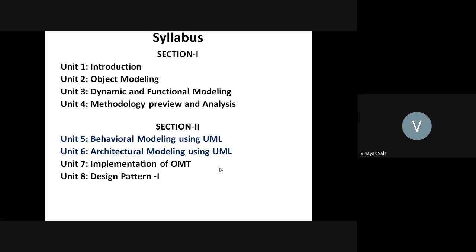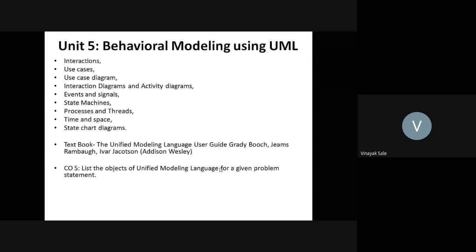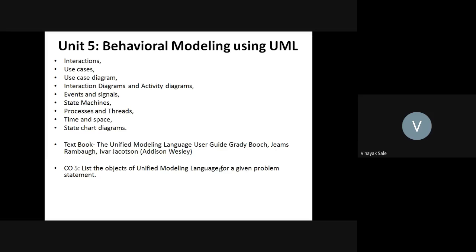So this is your syllabus for the fifth chapter and sixth chapter. In the fifth chapter, in behavioral modeling, we will see interactions, use case diagrams, interaction diagrams and activity diagrams, events and signals, state machines, processes and threads, time and space, state chart diagrams.